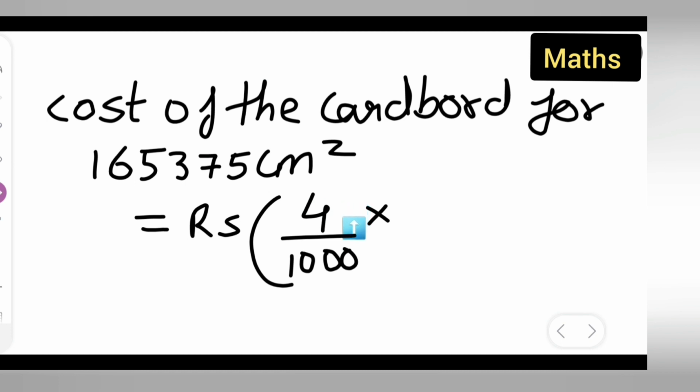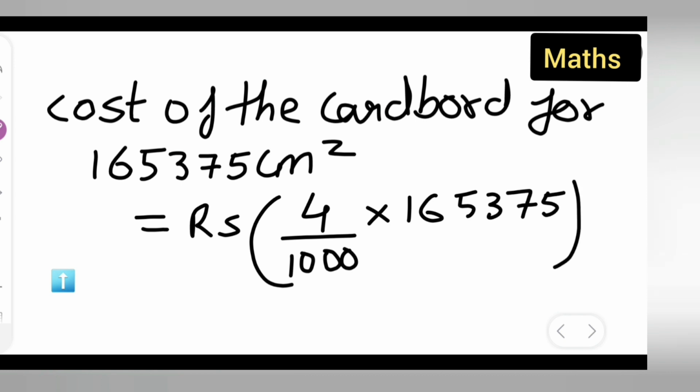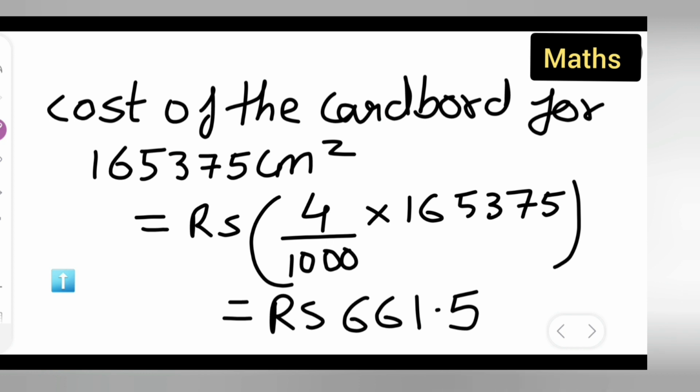So, you have to write down 4 upon 1000 multiplied by this number. Write down 165375. Okay, 165375. So what answer you are going to get is rupees 661.5. Okay, this is the cost of the cardboard for this.